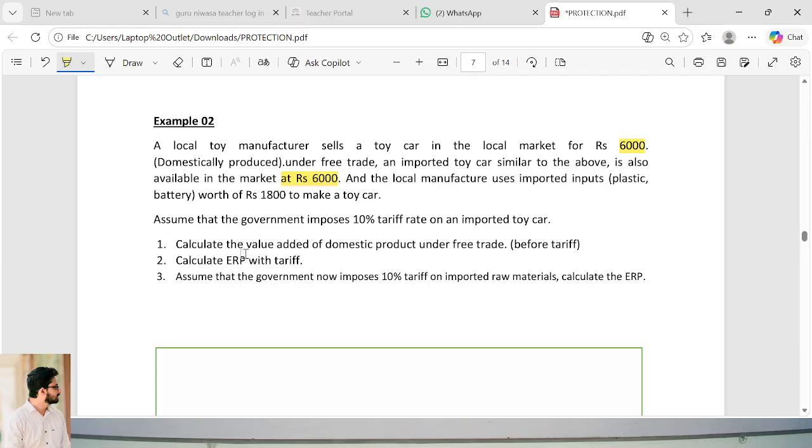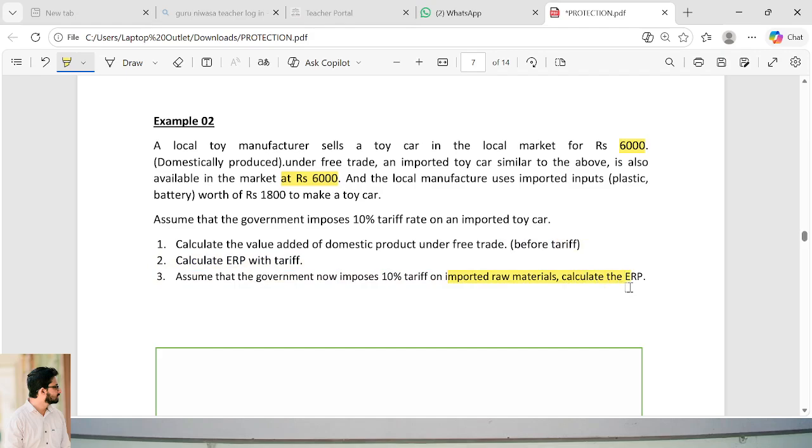Same three questions. Calculate the value added of the domestic product before tariff. Calculate the effective rate of protection with tariff on the final product only, a 10% tariff rate on the imported product. Then assume that the government now imposes a 10% tariff on imported raw material as well.